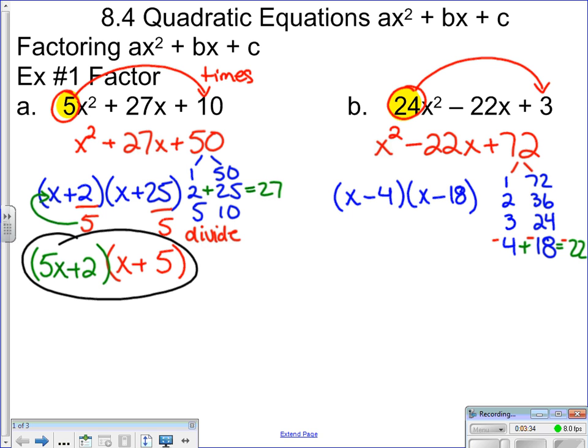Now don't forget, we have to go back and divide. Now, 24 doesn't go into either one of these numbers. Doesn't go into 4 or 18. But before you slide the denominator in front of the x, you need to reduce the fractions.